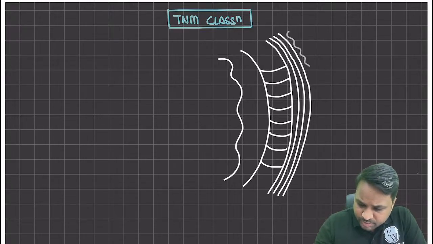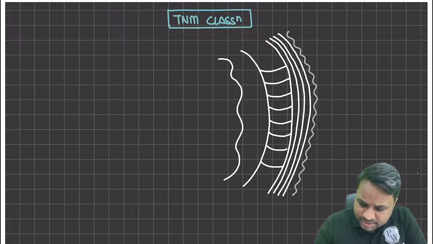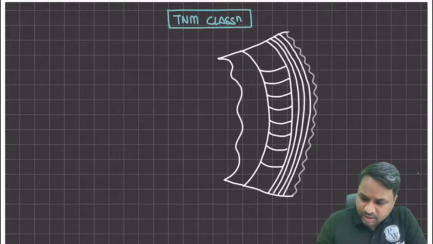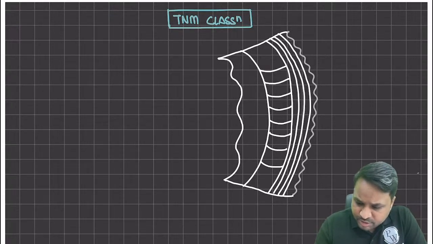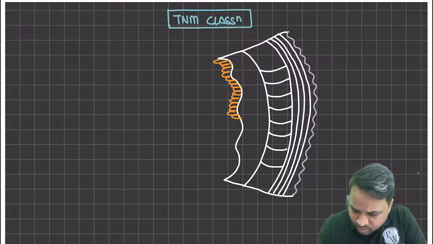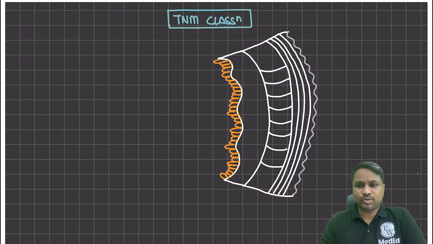This is the subset of tissue we're going to talk about. And this layer here is the mucosal cells.